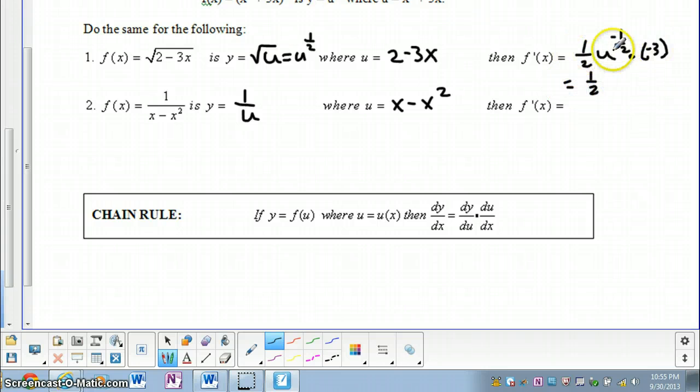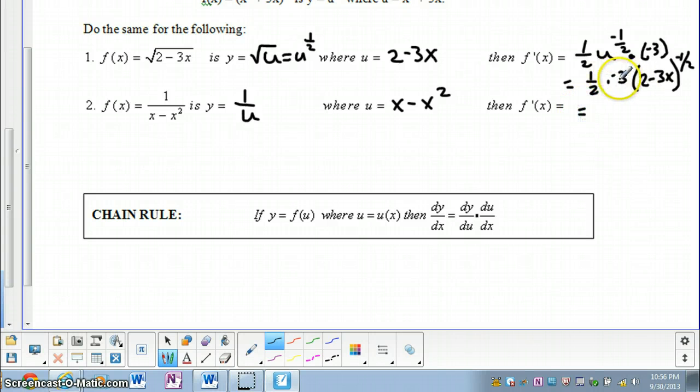And at this point, we would combine our negative 3 and our 1/2, multiply those, plug in our u. So here our u we said is 2 minus 3x, and we would also worry about the negative fractions here.